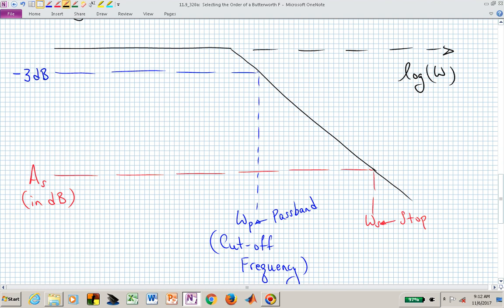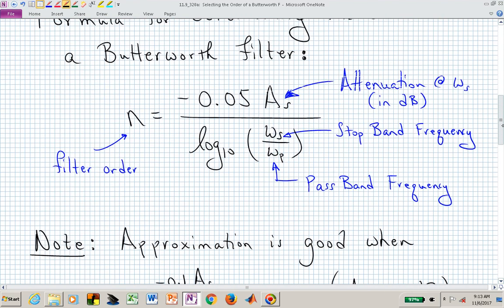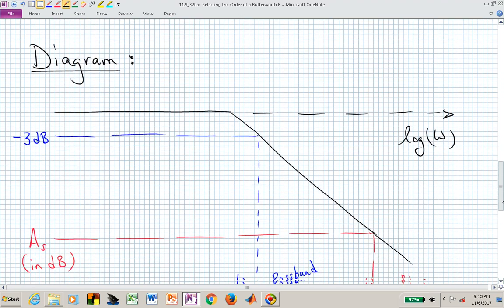And capital A sub s is how far down we are when we reach our stop band frequency, omega sub s. So we want to know what is A sub s. Maybe it's minus 20, maybe it's minus 47. Once we are given a value for A sub s, we can immediately plug it into this formula together with our stop band frequency and our pass band frequency to determine the filter order.